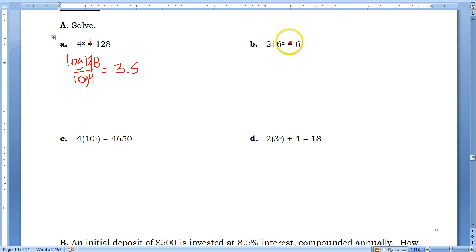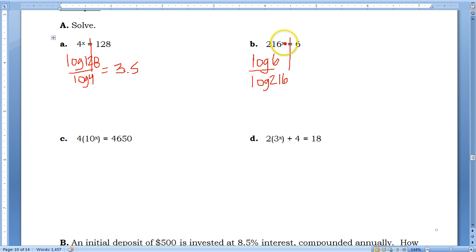So we'll do the same thing over here. When we do our log, I'm going to do log 6 divided by log 216. I always get the question, how do you know which one goes on top and which goes on bottom? The easiest way that I can remember is that this is the base, because it's the bottom of an exponent, and the base goes on the bottom of the fraction.